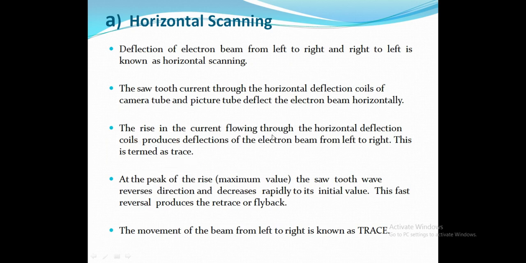The rise of the current flowing through the horizontal deflection coils produces the deflection of the electron beam from left to right. This is a trace. At the peak of the rise, that is, at the maximum value, the sawtooth wave reverses the direction and decreases rapidly to its initial value.